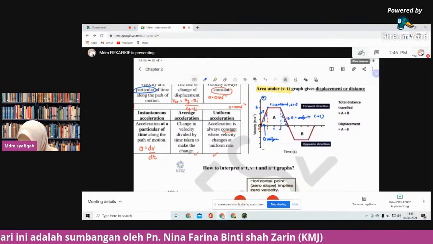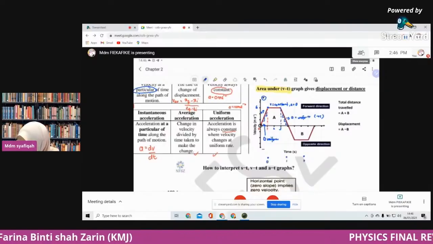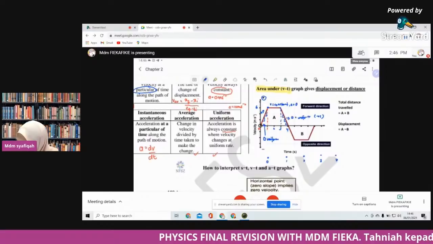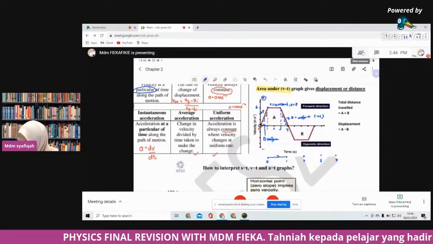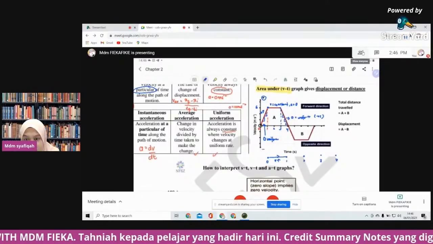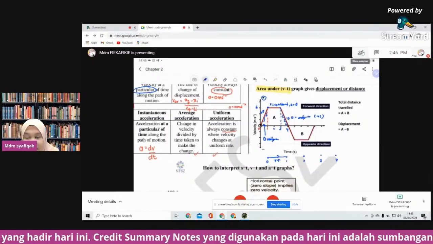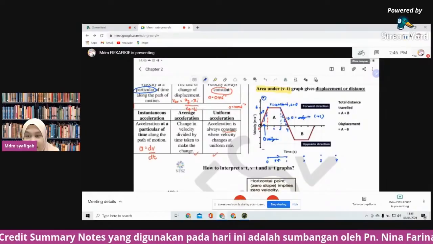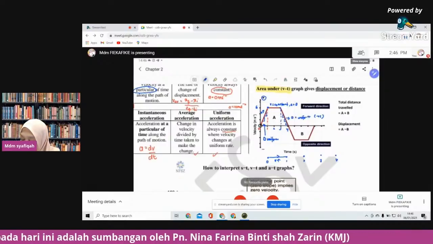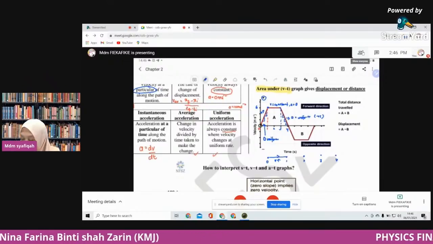Okay, look, I'll show you from here. From 0 second, 1, 2, 3, 4. So from 0 to 1 second, the car is moving, V is increasing, A is uniform. But from 1 to 3 second, what does it do? Is it moving or not? It is moving, it is not stationary. Don't confuse it with the X against T graph. This is the V against T graph. From 1 to 3 second, the car is still moving with a speed of 6 meter per second.